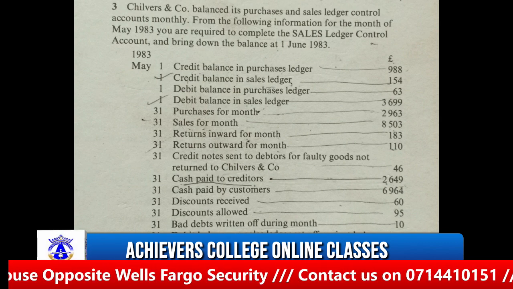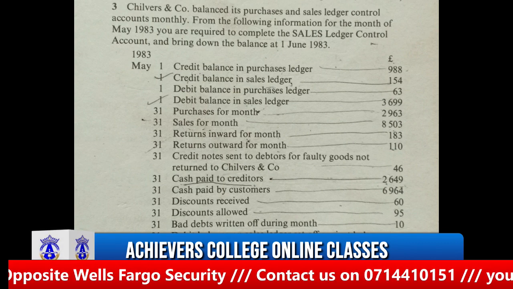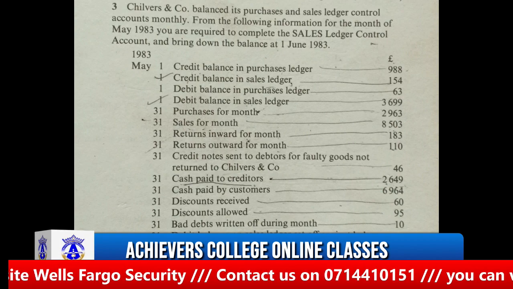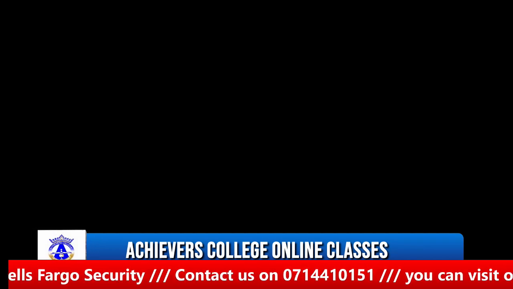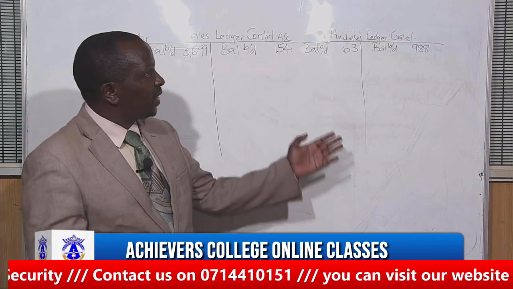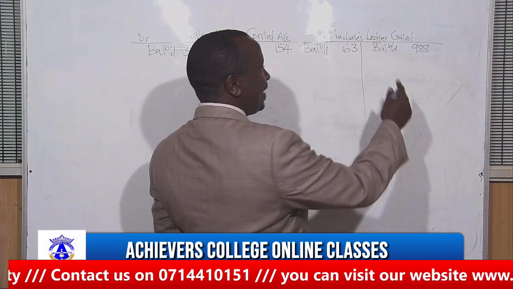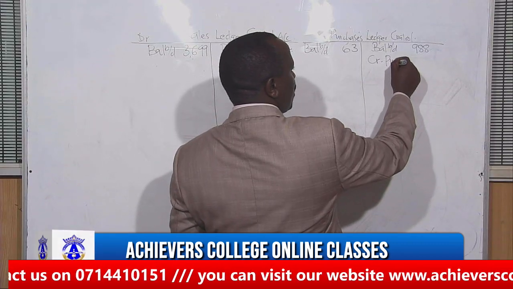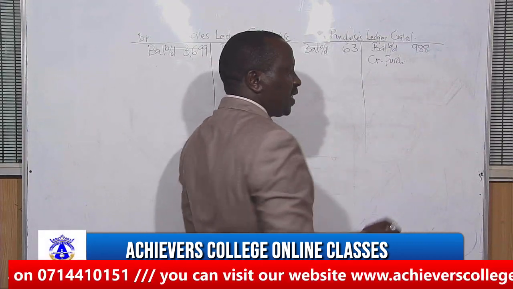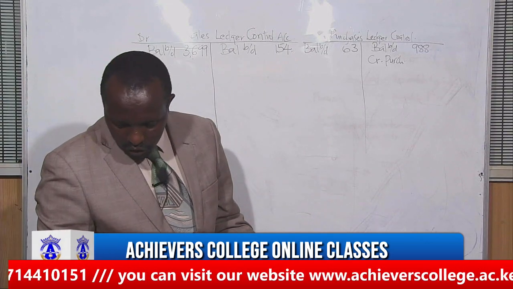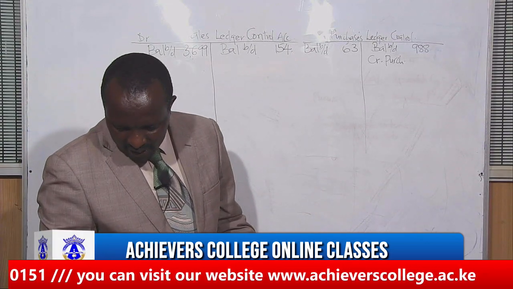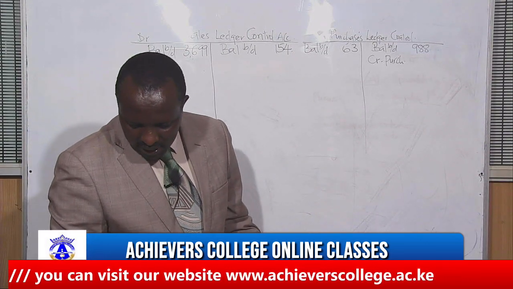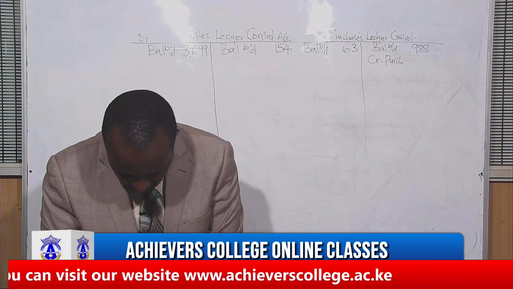So purchases for the month, the question is, when you purchase on credit, do you increase creditors or do you reduce? The answer is very simple. When you purchase on credit, you increase creditors. Anything that increases creditors, you credit, and therefore credit purchases should be credited.